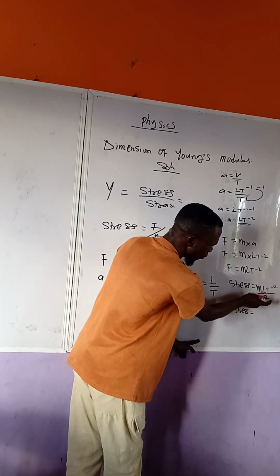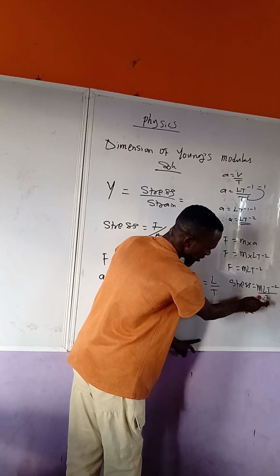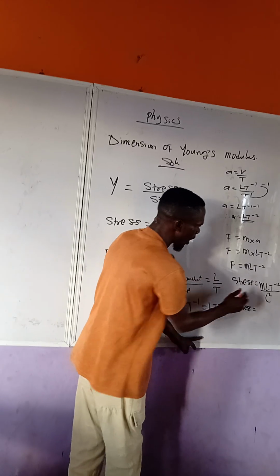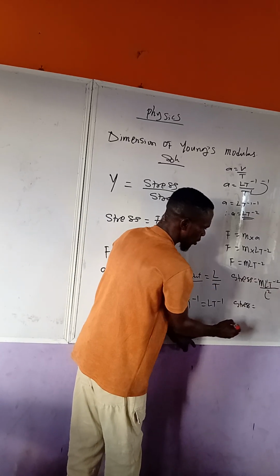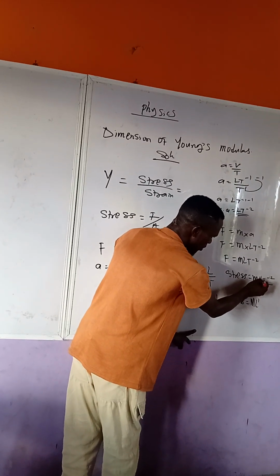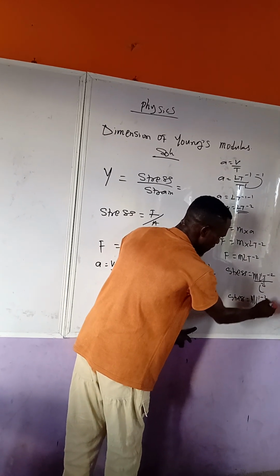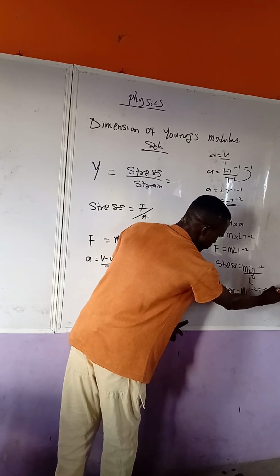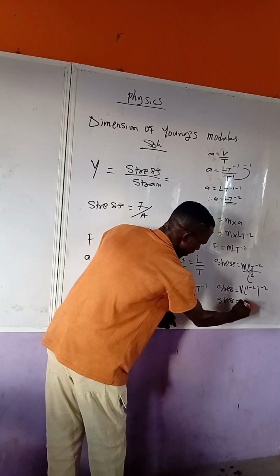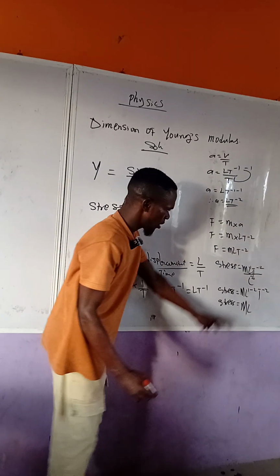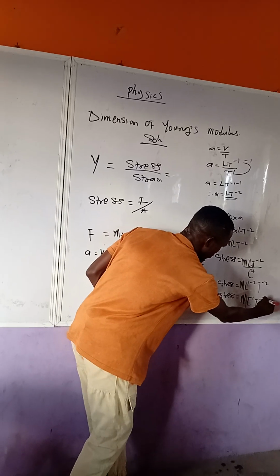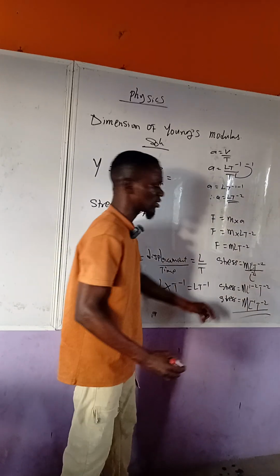When the power of L, which is 2, goes up, it changes to minus 2, and M has a visible power of 1. So our stress gives us M L raised to the power of 1 minus 2, which is minus 1, then t raised to the power of minus 2. That's for the stress.